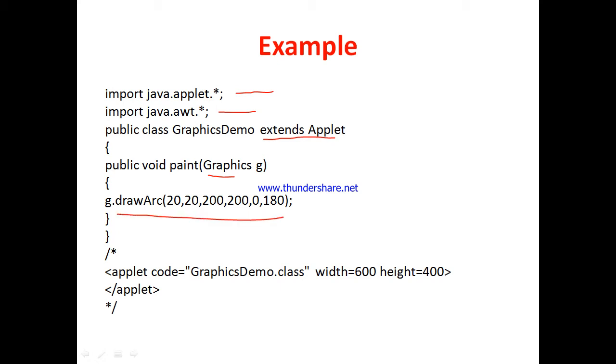The first 2 parameters define the top left corner of a rectangle in which the oval will be drawn, of which the arc is a part. Now, 200, 200, the third and fourth parameters, specify the width and height of the oval of which the arc is a part. And 0, 180: 0 is the start angle and 180 is the arc angle.